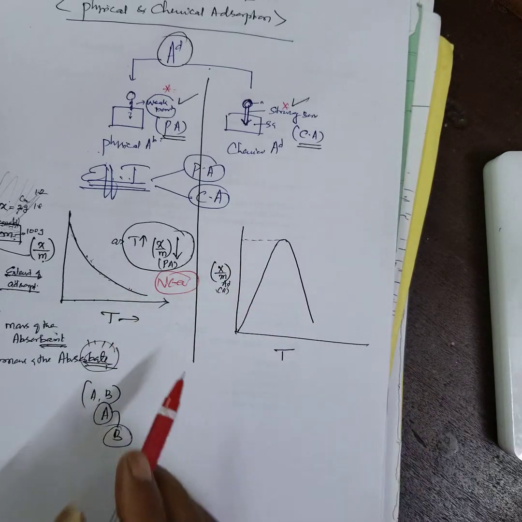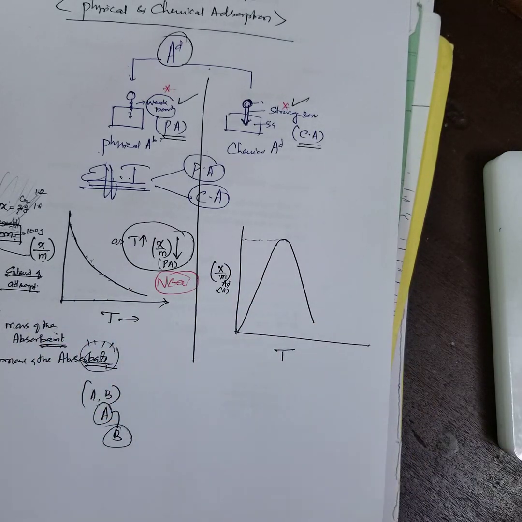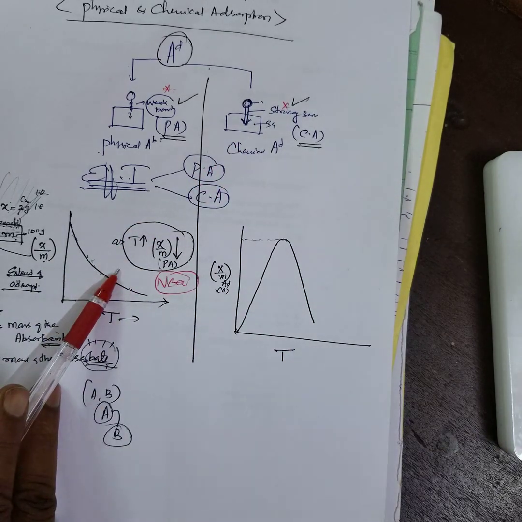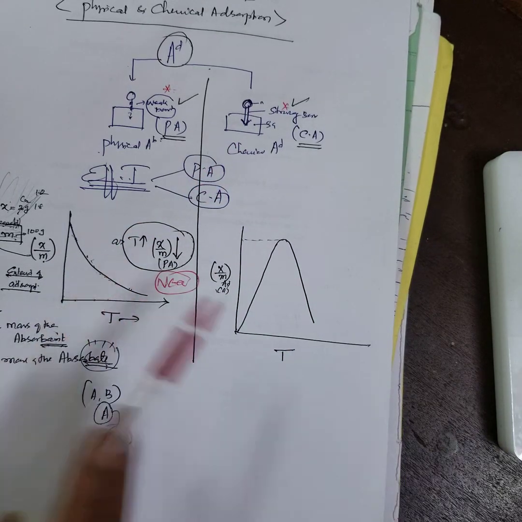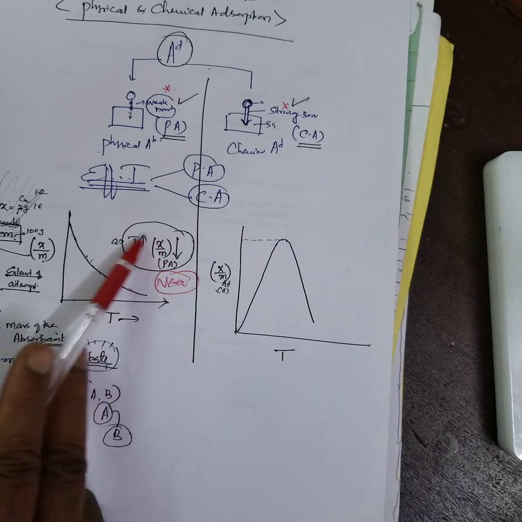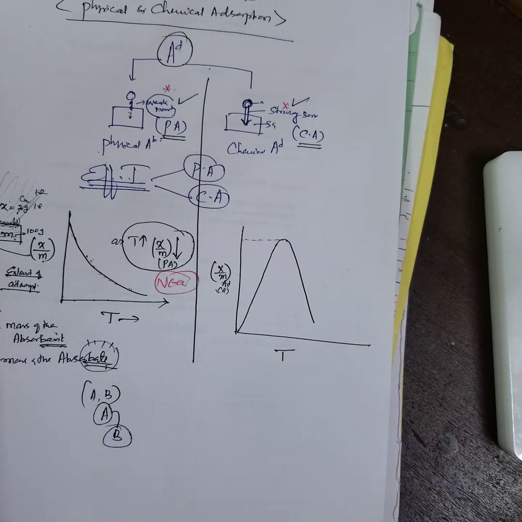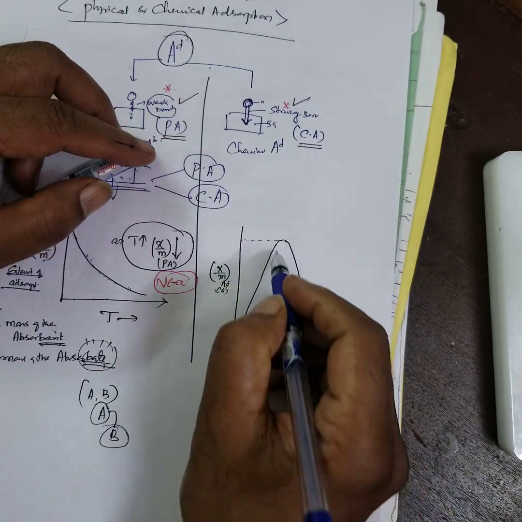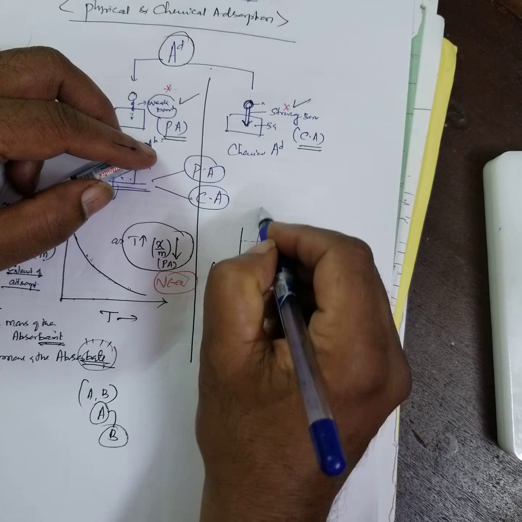How to identify the physisorption option and the chemisorption option? This graph represents chemisorption, this represents physisorption, right? This is also important, all that. Small technical words. Okay. Why this increase? See, this particular part.